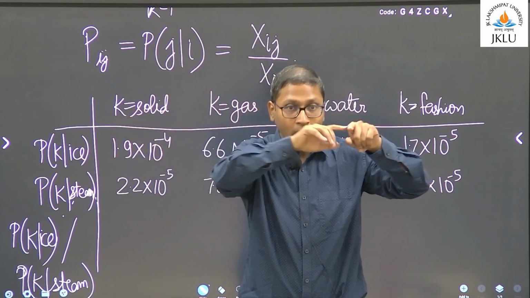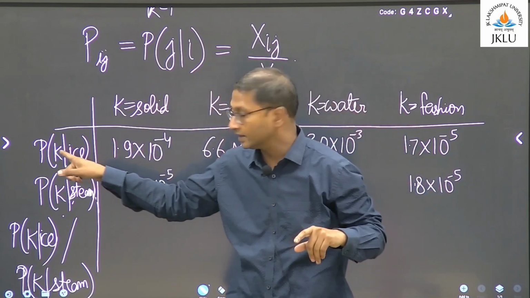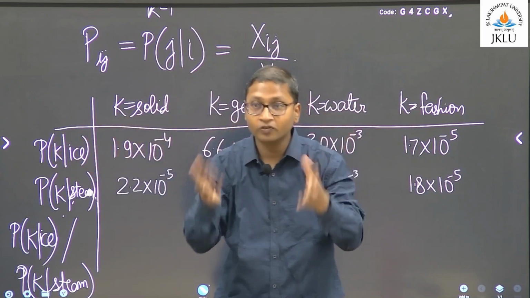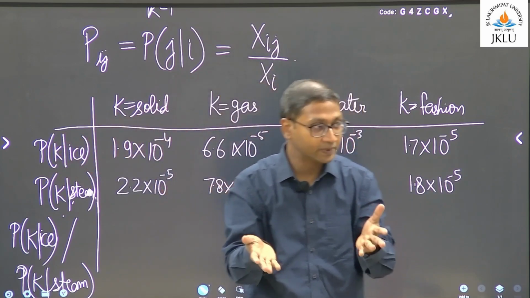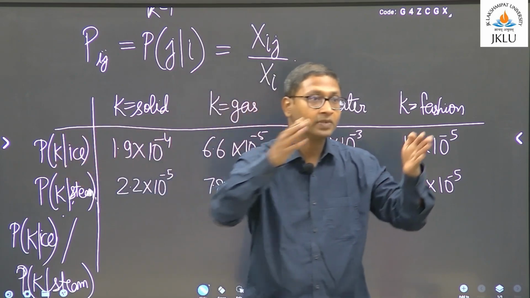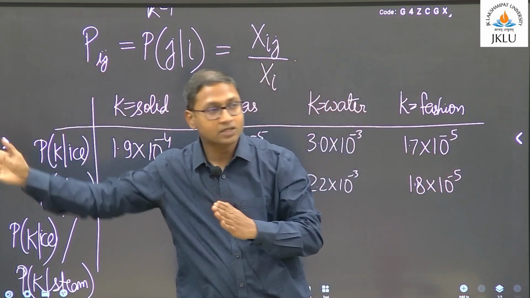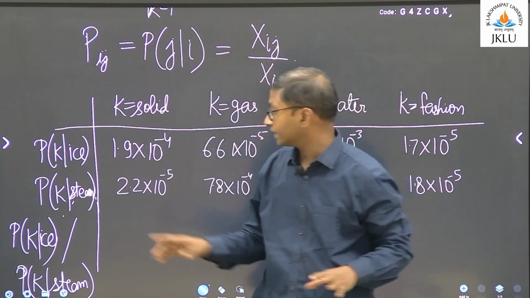So which row am I talking about? Row of ice. And then the word K can be any word out of the whole vocabulary set, including ice. K can go from the first word to the last word in my vocabulary, including ice.